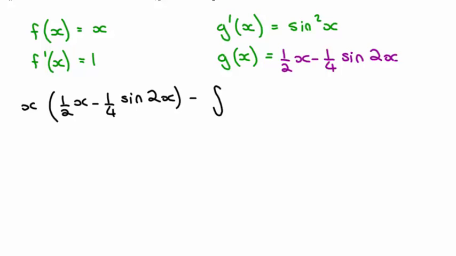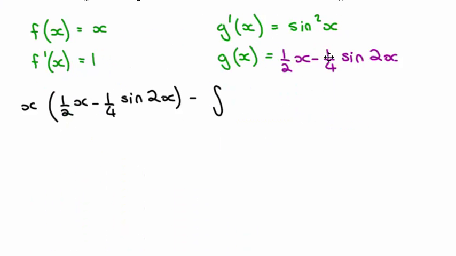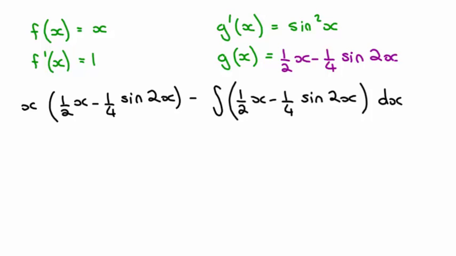So the integral of g, which is sine squared x. Sorry, let's just have a look here. You times by the integral of g, so it's that whole story. I've got a half x minus a quarter sine 2x multiplied by the derivative of f, which is 1. So you multiply by 1, and I'm integrating with respect to x.